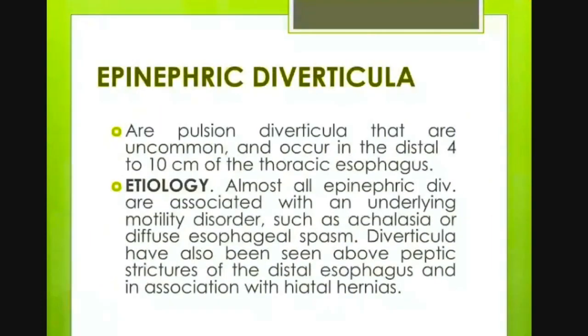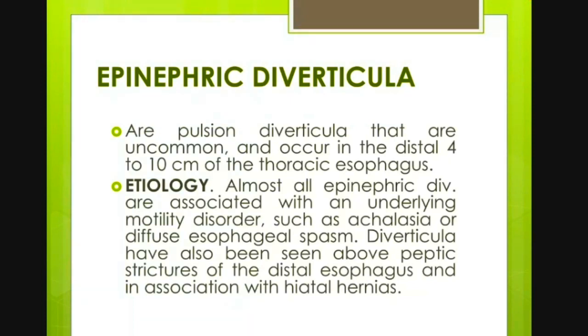Another important one is epiphrenic diverticuli. This is a pulsion one that is also uncommon, but it occurs in the distal part of the esophagus, about 4 to 10 centimeters distal to the thoracic esophagus.